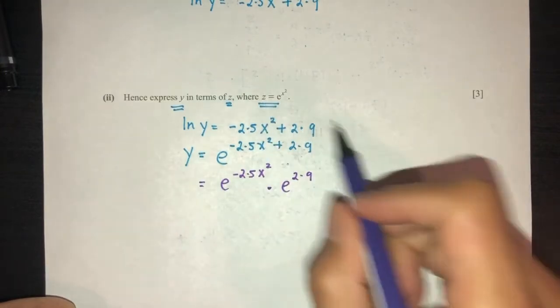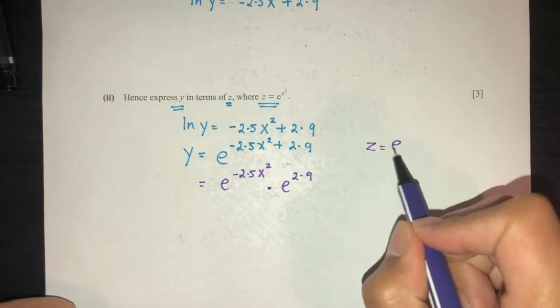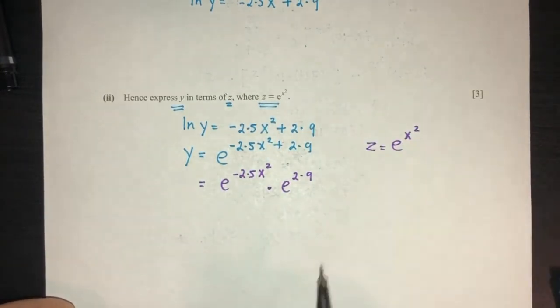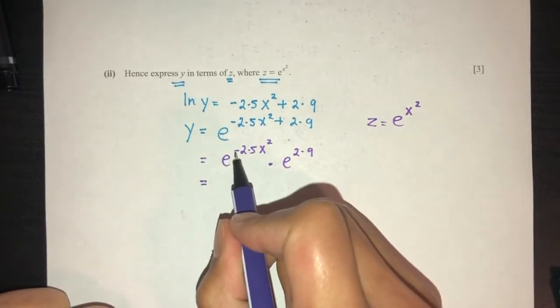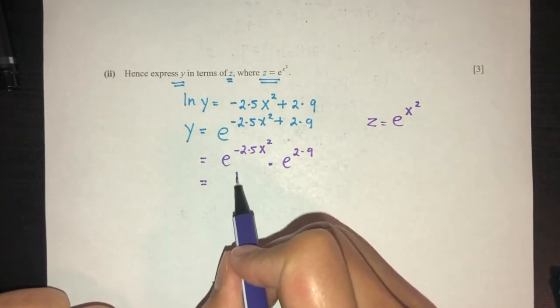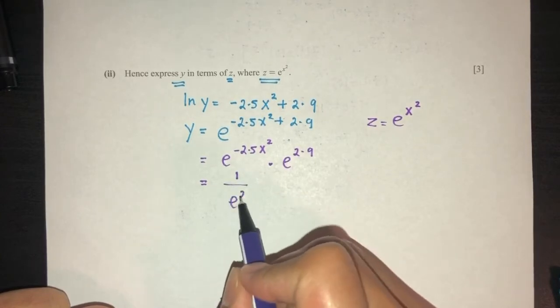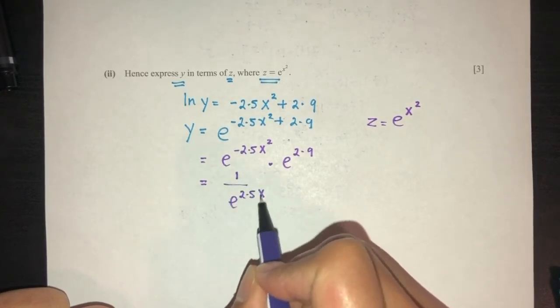Now it is given that z is equal to e power x squared. If you do this, if this is negative here, if you bring this down, that becomes positive x squared power.